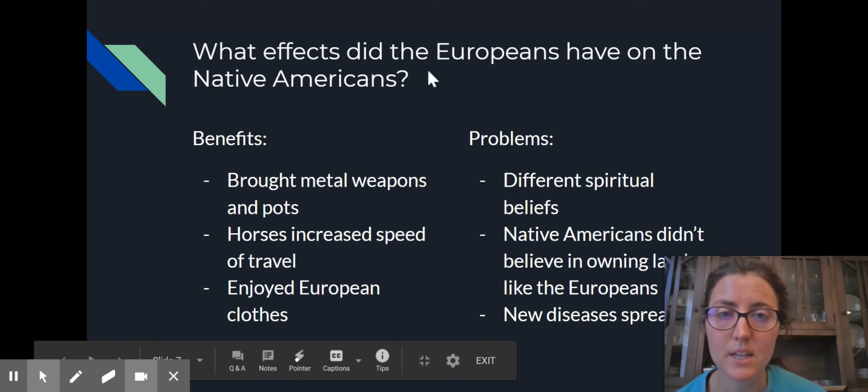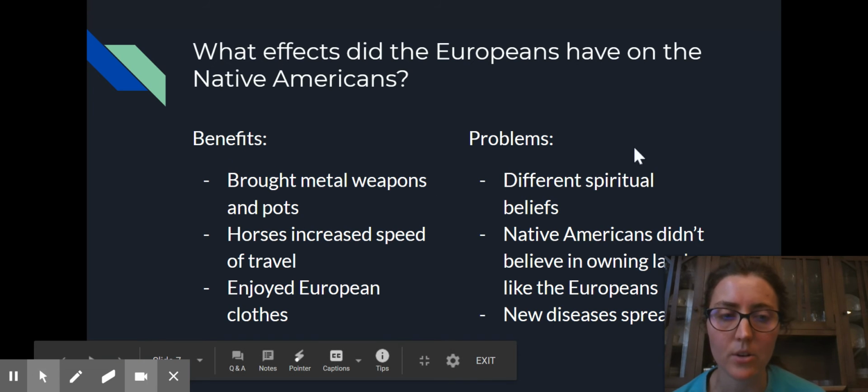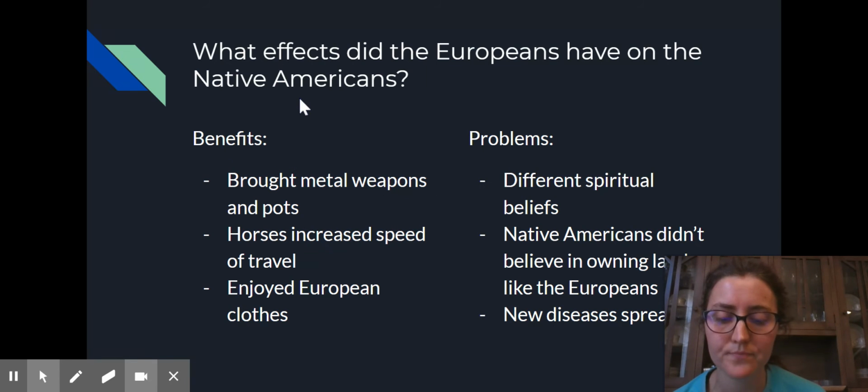So the big idea was, what effects did the Europeans have on the Native Americans? But then I organized the information into some benefits and some problems in a similar way to how the book did it. But since this is a slide, I tried to just really clearly lay it out in this T chart.